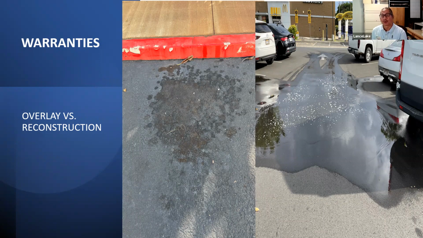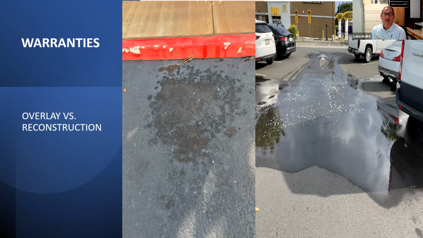If you look at the photo on the right, you can see ponding. We call this a bird bath, and it looks like you could fit ducks in it rather than minor birds. But this is a situation where it wasn't a reconstruction. It wasn't new pavement. It was an overlay. And the initial grade was wrong already.